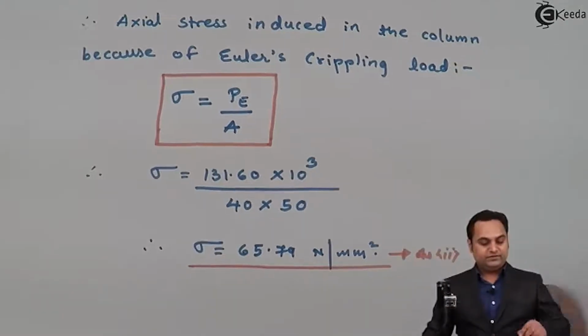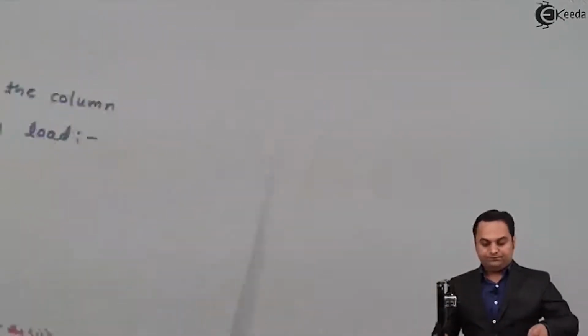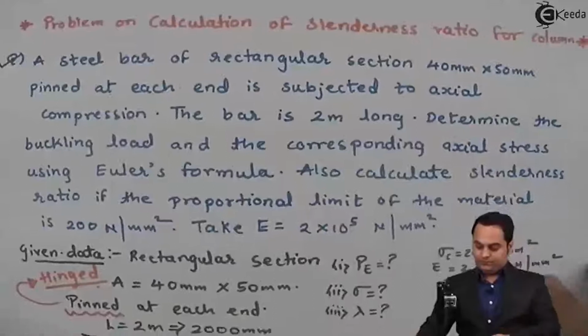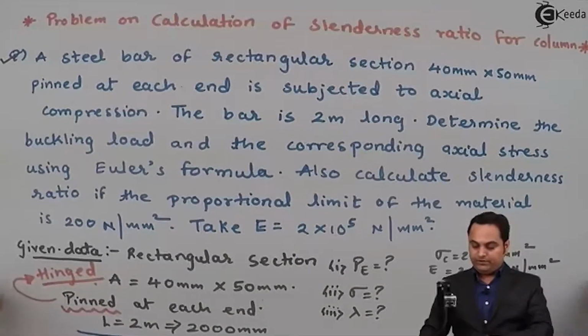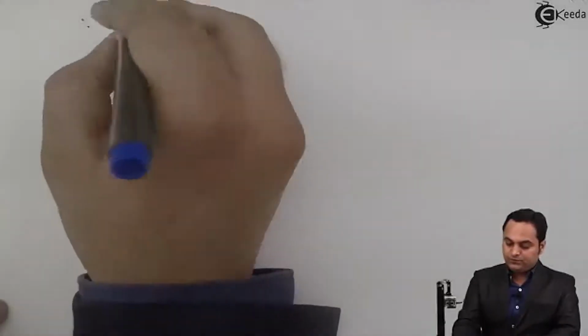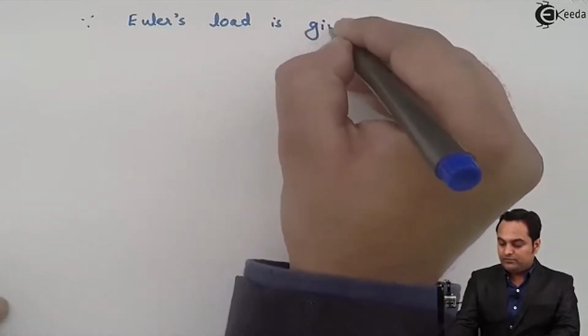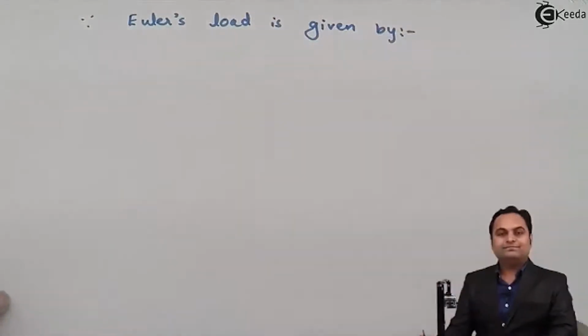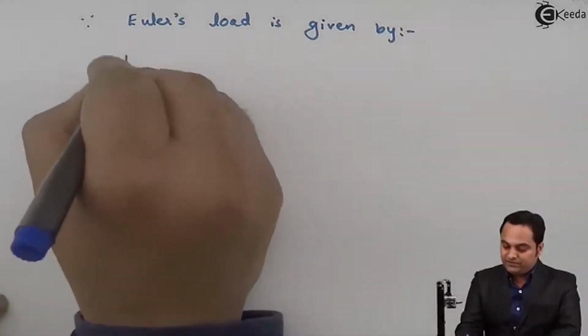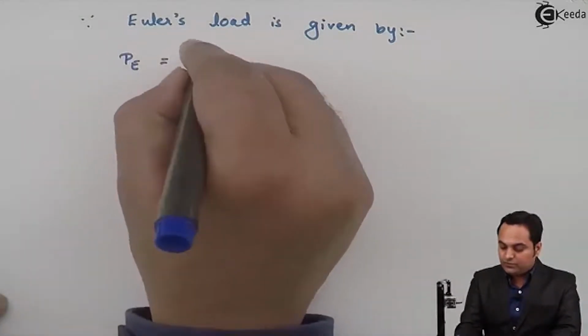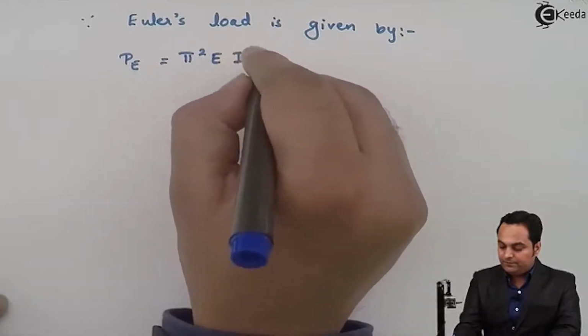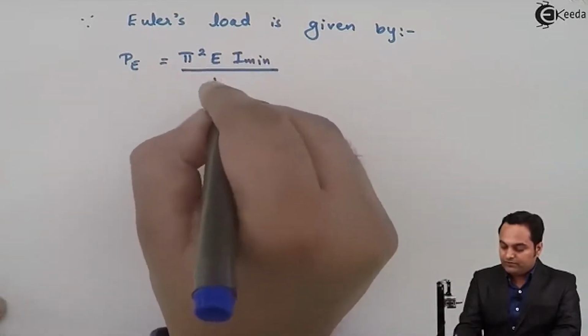Now after getting the stress, the next thing is we have to find the slenderness ratio, which is denoted as lambda. So here I'll again use the formula that Euler's load is given by, again I'm using the Euler's load formula, and that is P suffix E is equal to pi square E I minimum upon effective length square.